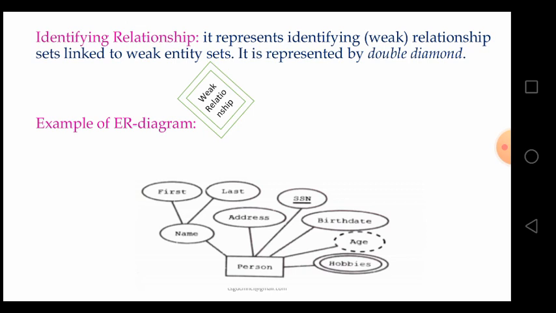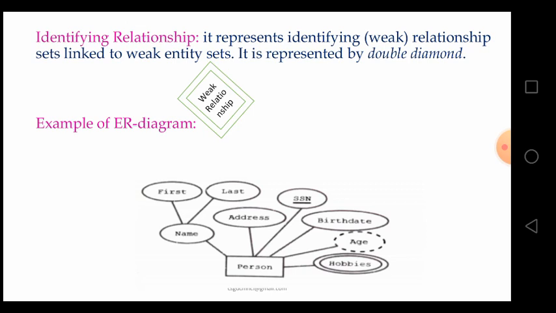First and last are the composite attributes. That means an attribute can be subdivided. So name is subdivided as first and last. That is a composite attribute. Next, SSN is the key attribute.